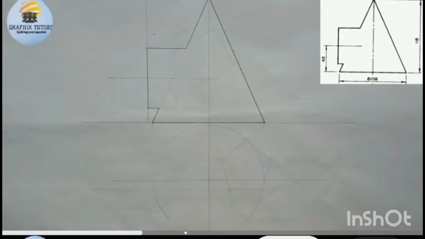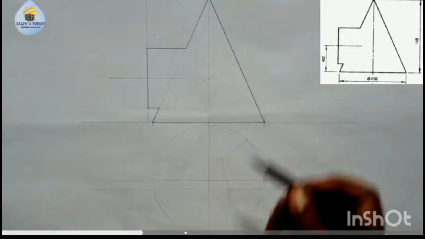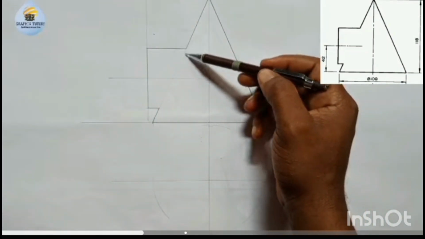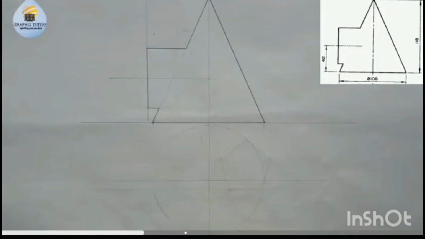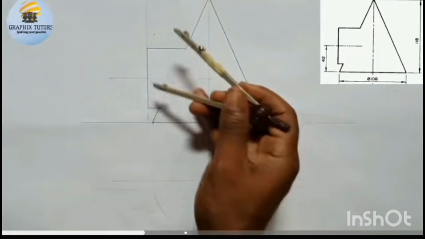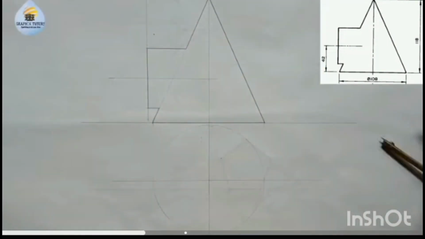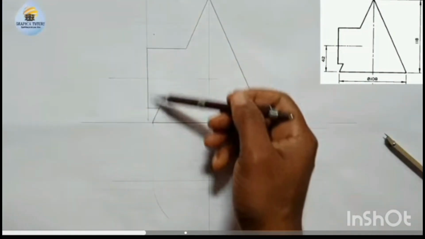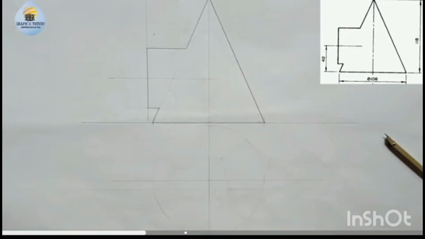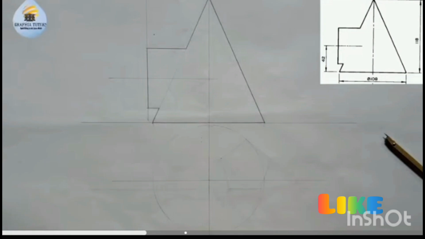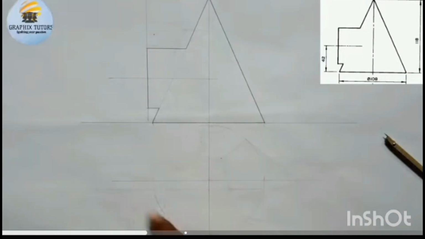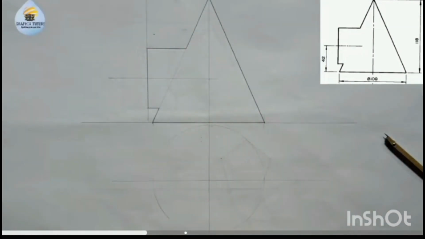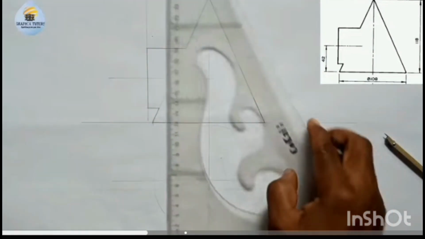Now, what I'm going to do now is that I'm going to project this point downward. But before that, if you place your compass, you extend this line, because this is the plan, this is the elevation. The next question is that we should draw what? The plan. Even though you are not told, you need to draw the plan.